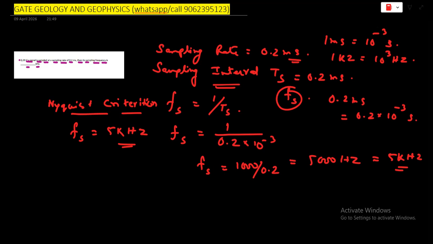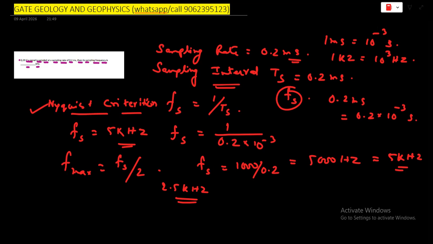So the important rule is Fmax equals Fs by 2. Okay, so with this 5 kilohertz sampling frequency, we can safely record the signals up to 2.5 kilohertz. This is called the Nyquist frequency.